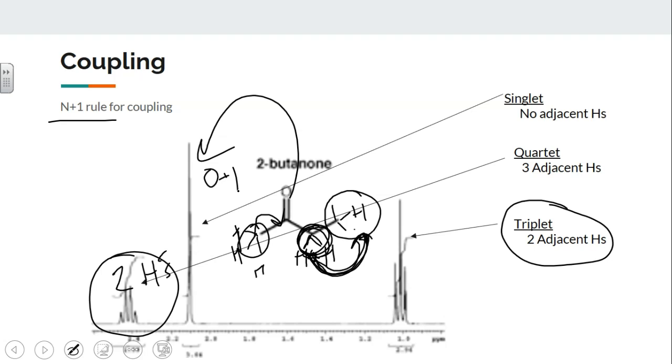That means you're going to see a singlet in the NMR. So that's how coupling works in NMR. You have to look at what's next to it. There are some complex coupling rules, and you can have all sorts of crazy things, but for lab and for organic chemistry, we're going to try to keep it fairly simple. We're not going to get into crazy couplings and things like that.